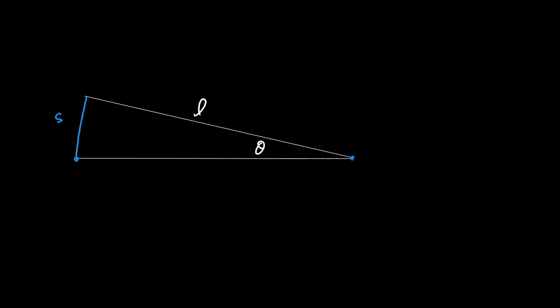Agree with that? How are those three things related? I taught you this. If you don't remember it, that speaks to what all of Q3 was about. If I wanted to know S in terms of L and theta, how would I write it?